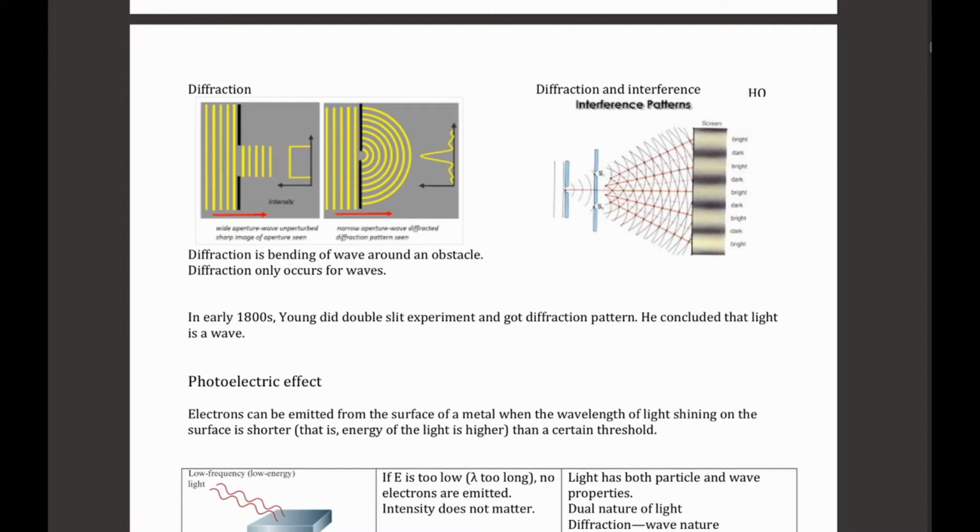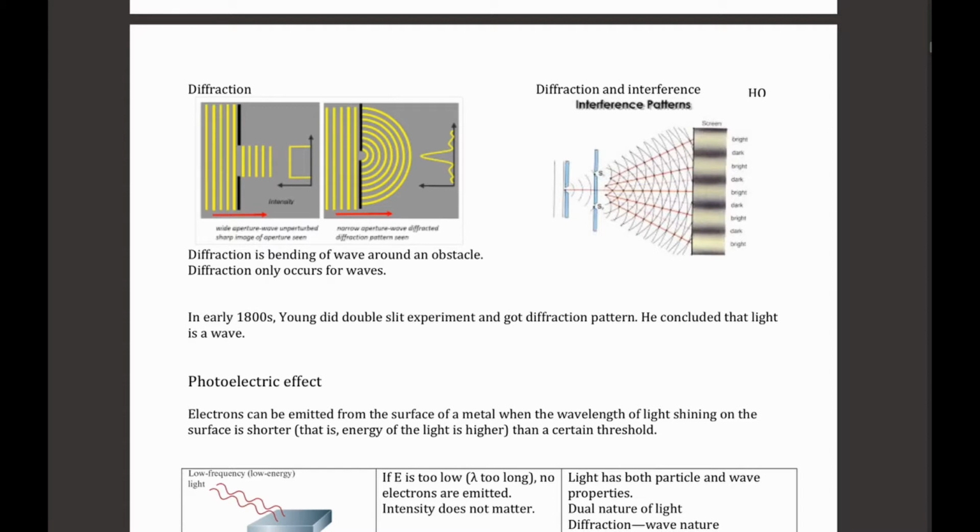So now look at the image that's called diffraction and interference patterns. Imagine in that diagram we see S and a slit, and the lower S and a slit. So we have a wave coming through two slits, and the slits cause diffraction at each one.